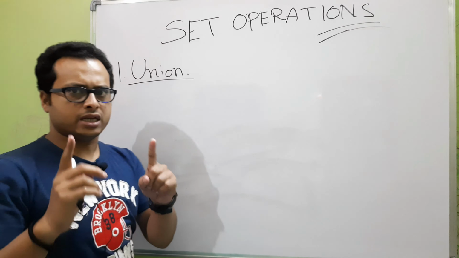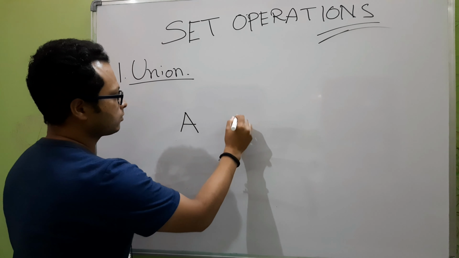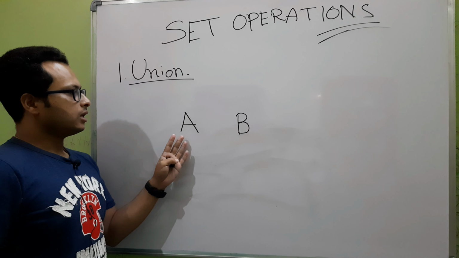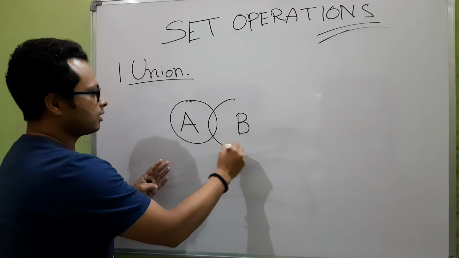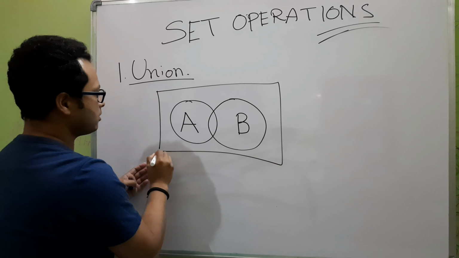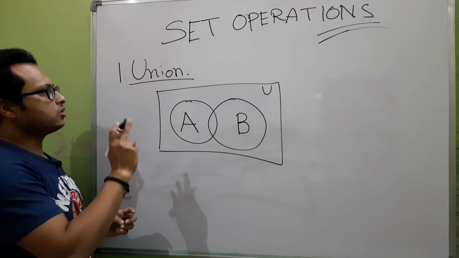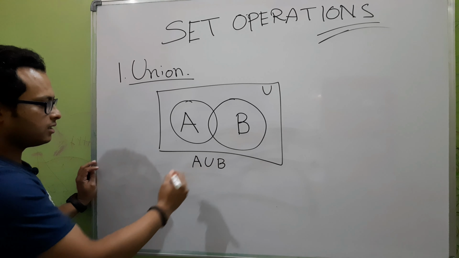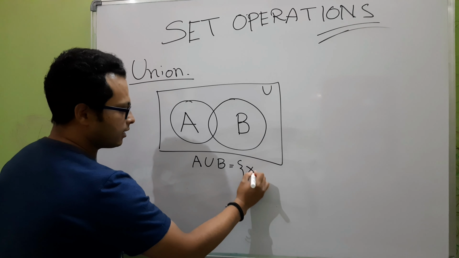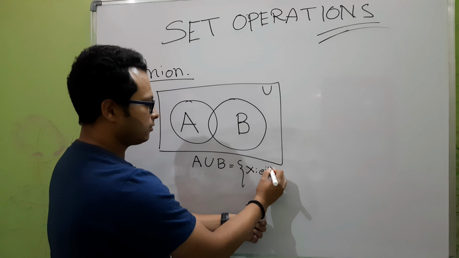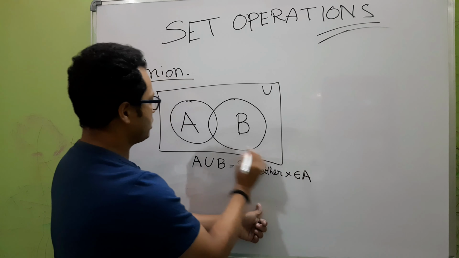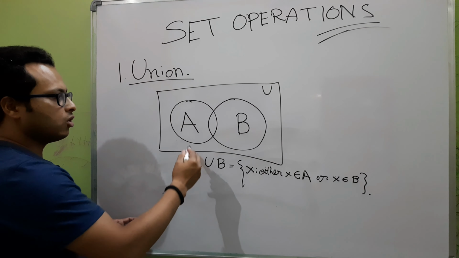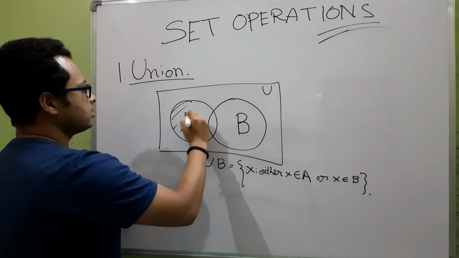Union set operation. Let two sets A and B be represented like this in circles under a universal set, say U. Two sets A and B are said to be in union, denoted by A union B, and defined as A union B equals X such that either X belongs to A or X belongs to B. That means all the elements of A and B will be in the union.